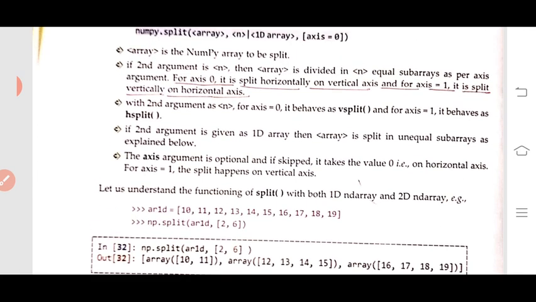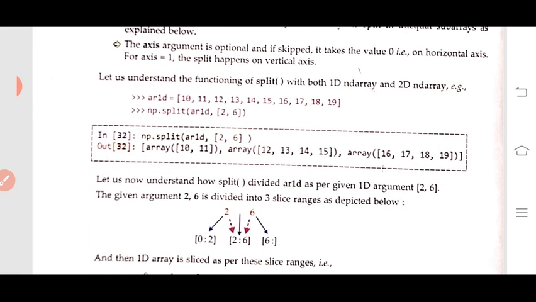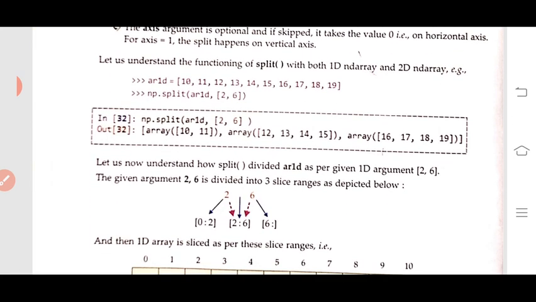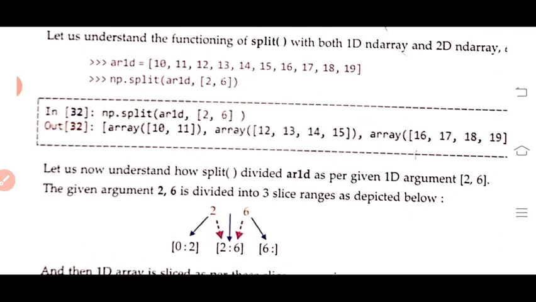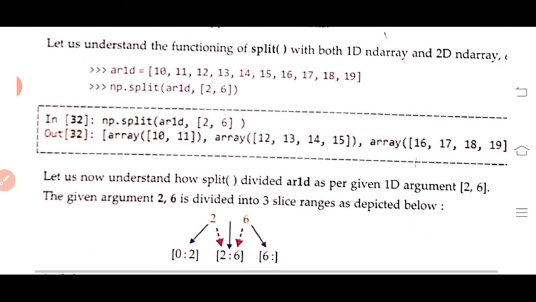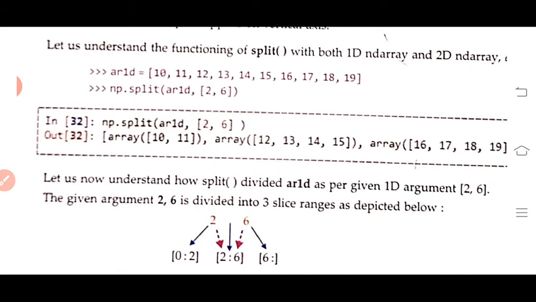See, all these rules are written, which I'm going to explain to you. Let us understand the functioning of the split function with both 1D array and 2D array. On the Python shell prompt, command prompt, AR1D is written. AR1D = 10, 11, 12, 13, 14, 15, 16, 17, 18, 19.